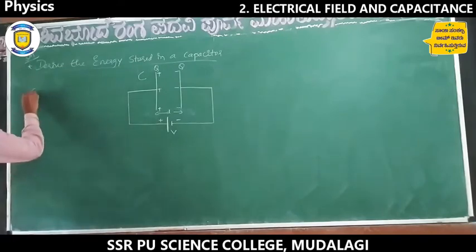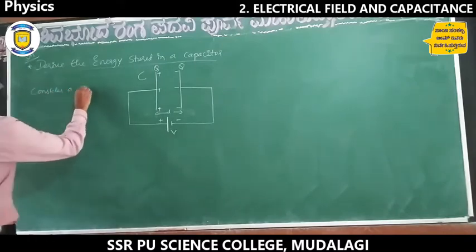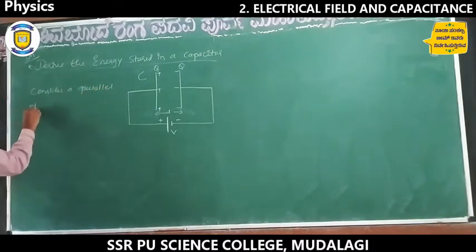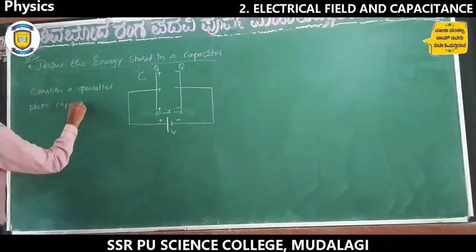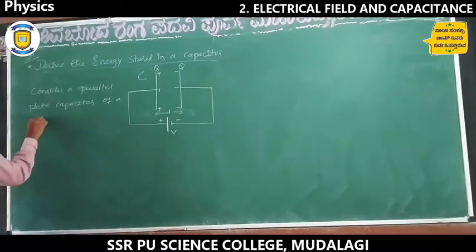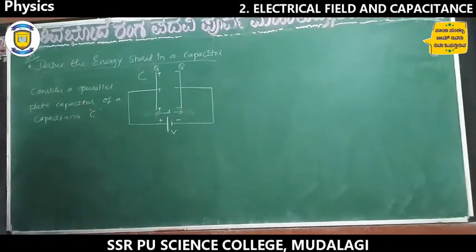Correct. Consider a parallel plate capacitor, or simply a capacitor, of capacitance C. Let Q be the charge stored in the capacitor, and V the potential difference.